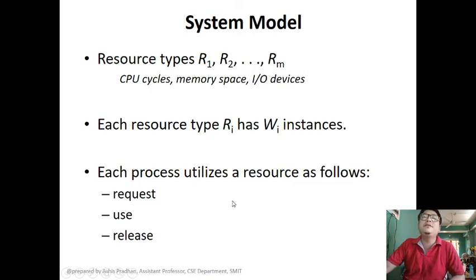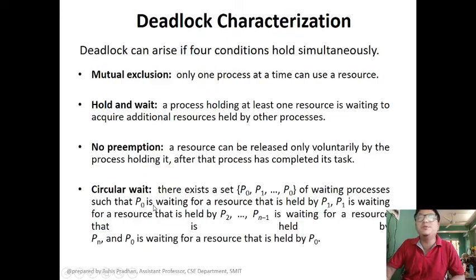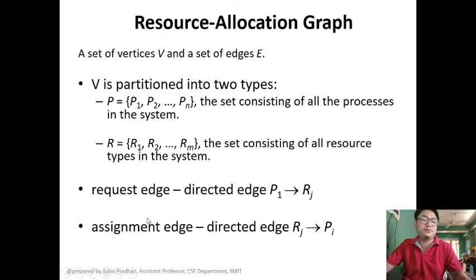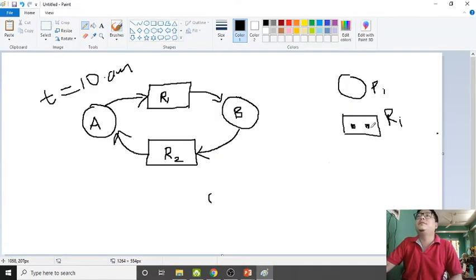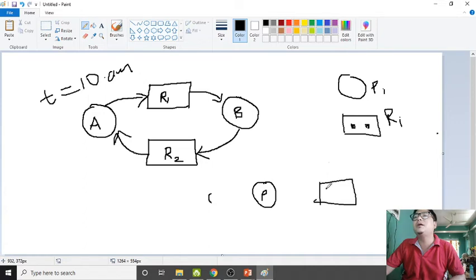Based on the availability of the resource, the operating system will assign it, so that request edge will now become an assignment edge. I'll just give a rough view. Suppose there is a process P and a resource R. Whenever P wants to use R1, it will make a request.